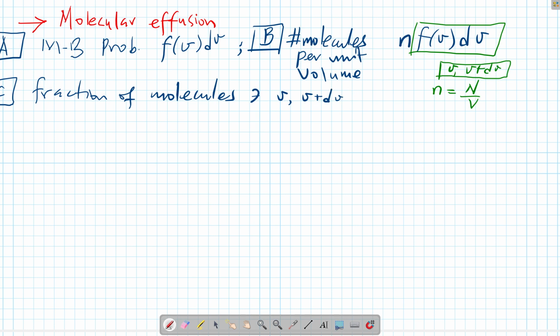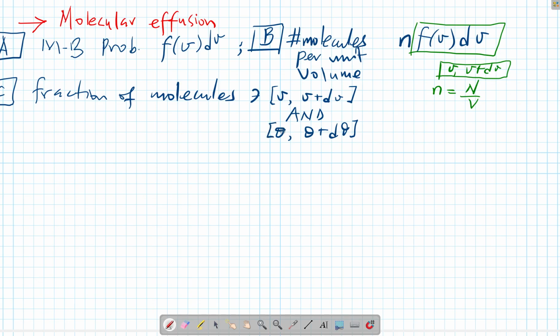On top of that, we want those molecules to be moving relative to some chosen direction, such that the angles which the molecules' velocity sustains lie within the range of theta and theta plus d theta. So this is another range.